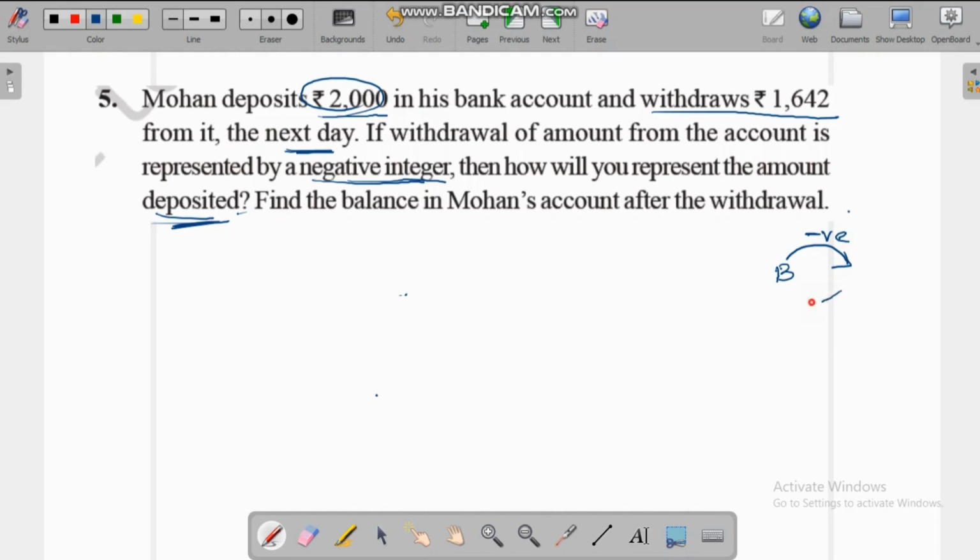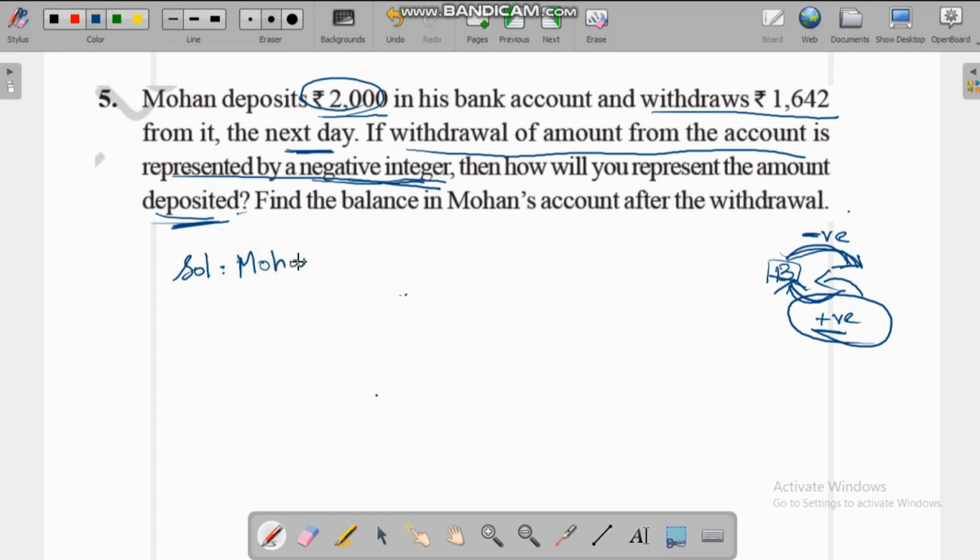When we deposit an amount, that means we are putting in, it will be represented in a positive integer. So let us solve this question.